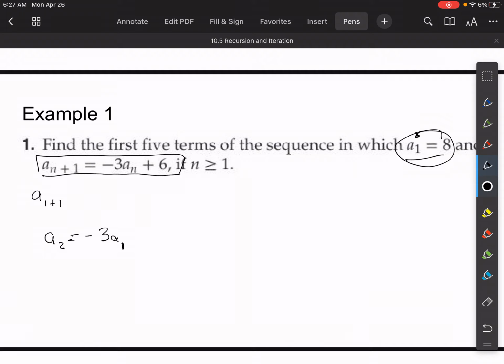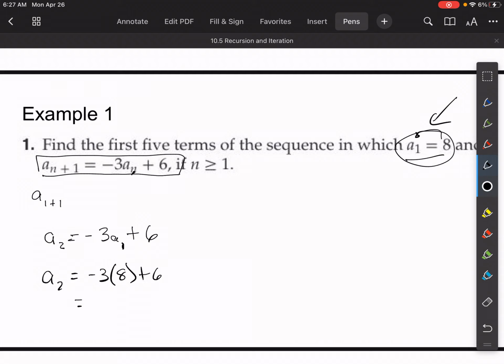Notice I plugged a 1 in for n here, right? So I'm plugging a 1 in for this little subscript n, plus 6. Okay, well, I know what a sub 1 is. That was given to me. So I'm going to plug it in. So a sub 2 is equal to negative 3 times a sub 1, which is 8, plus 6.